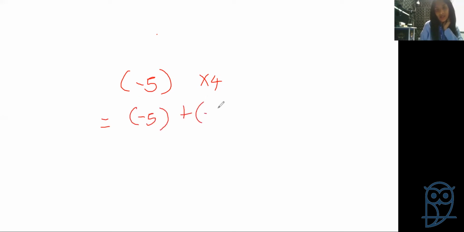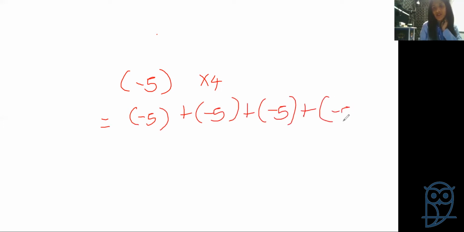If I say -5 times 4, how will I work out this answer? Basically what I am saying is this will equal -5 plus -5 plus -5 plus -5.